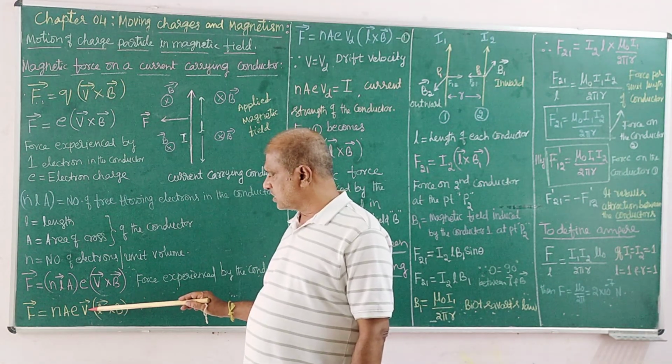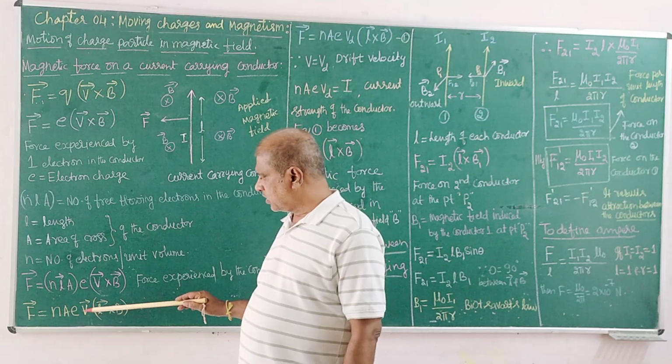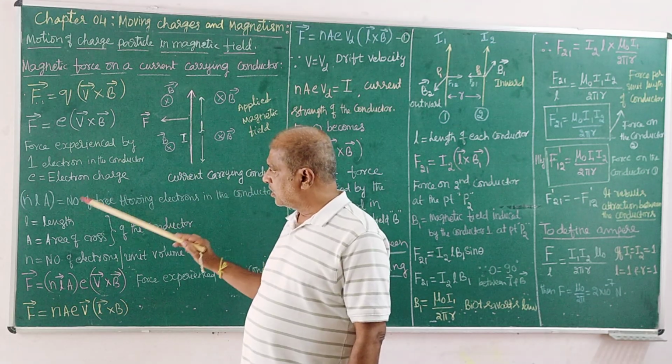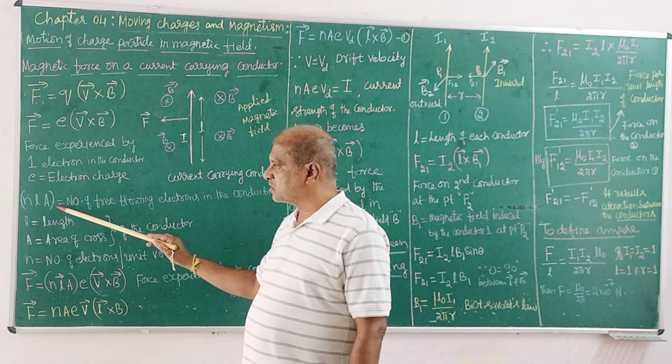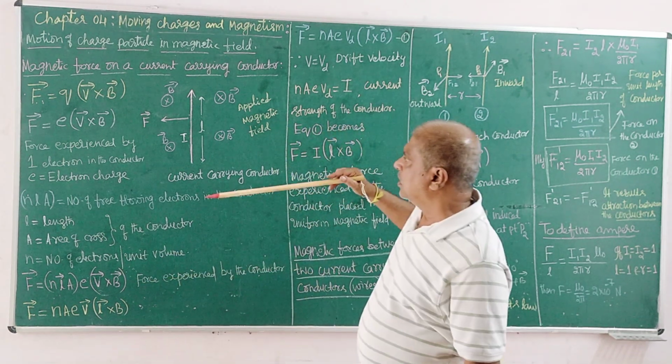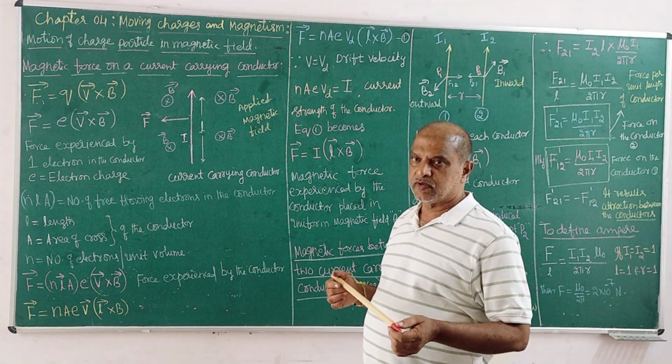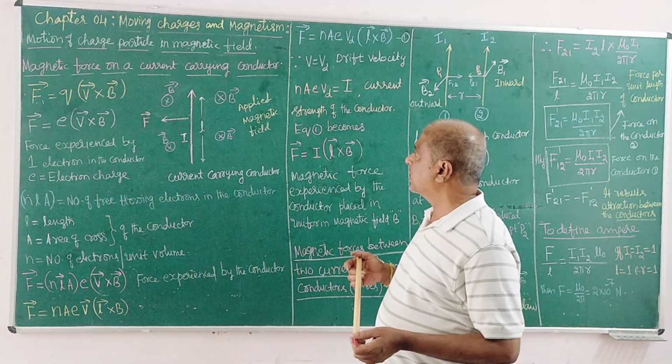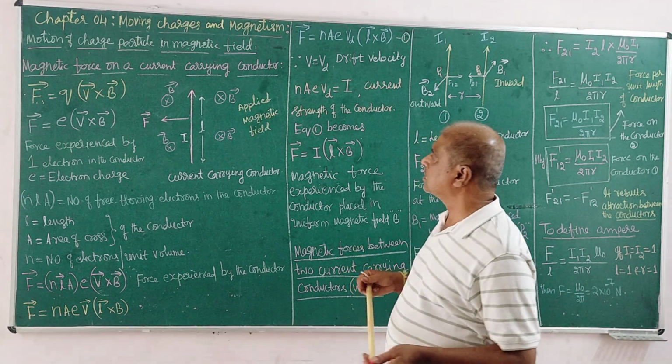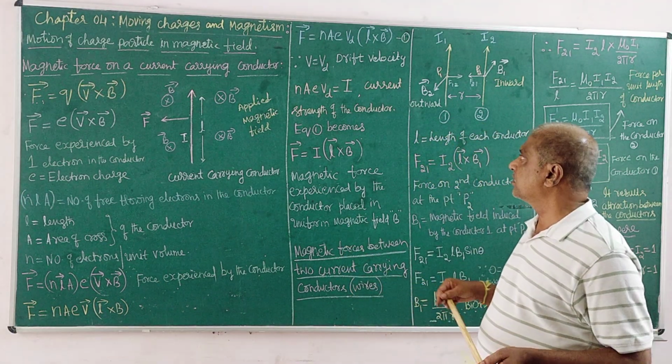All these things have already been dealt with. The meaning of drift velocity and the number of free electrons present in the conductor have all been dealt with in the previous class in the current electricity chapter.